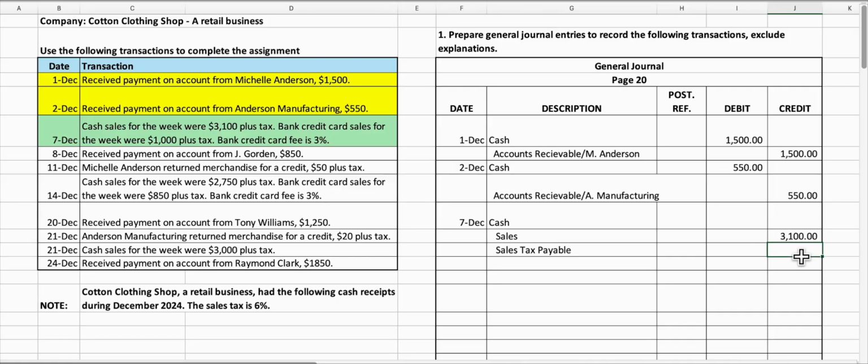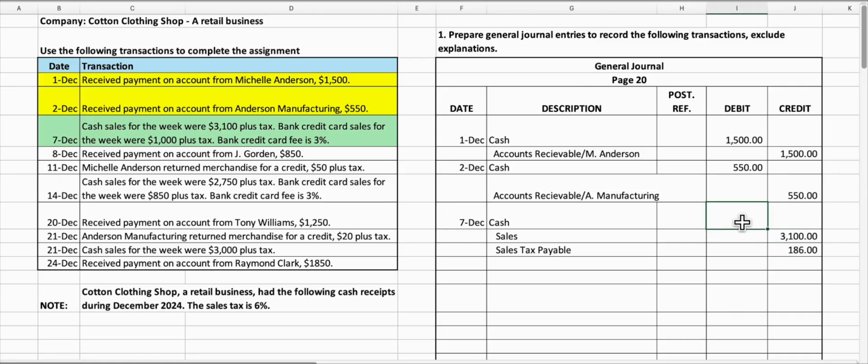And then for sales tax, it's 6% of this amount. So I just do 0.06, which is 6%, or in the calculation, you can type in 6 and a percentage sign, and it will calculate how much the tax was on the sales amount.